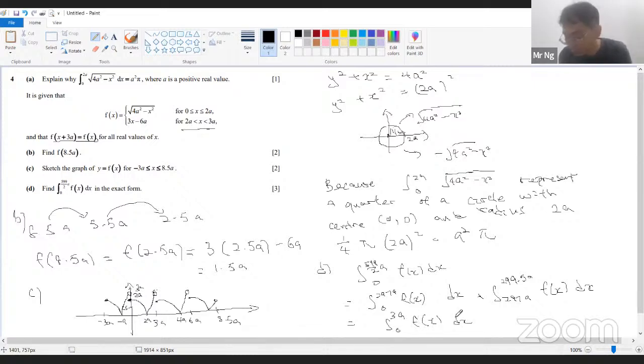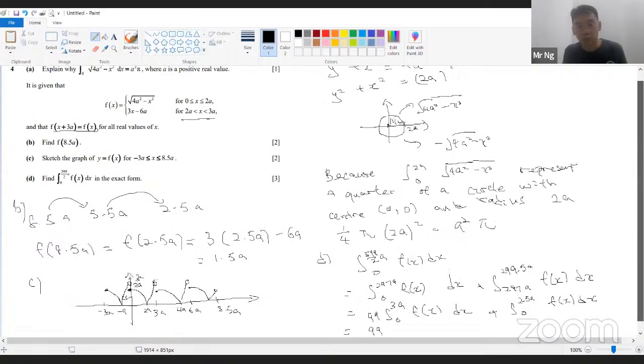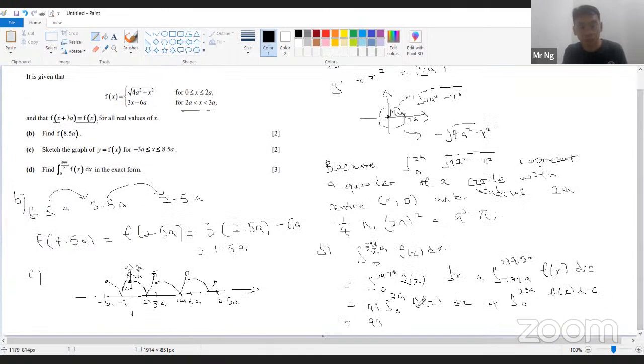Okay, how many times? 297 divided by 3, that's 99 times. Then after that, this one is equivalent from 0 to just 2.58. So equals to 99 plus a quarter of a circle, which is alpha square pi.